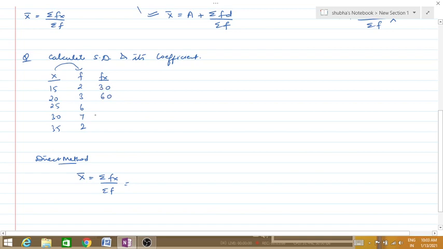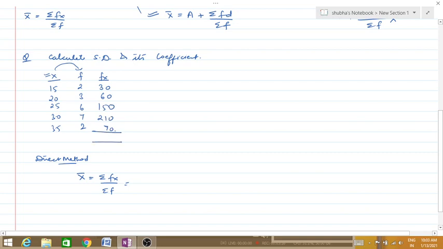I hope you all are understanding how I am solving it, because we have to multiply frequency by x, the value which has been given. So 25 multiplied by 6 becomes 150, 30 multiplied by 7 is 210, and 35 multiplied by 2 is 70. This is how fx has been calculated.